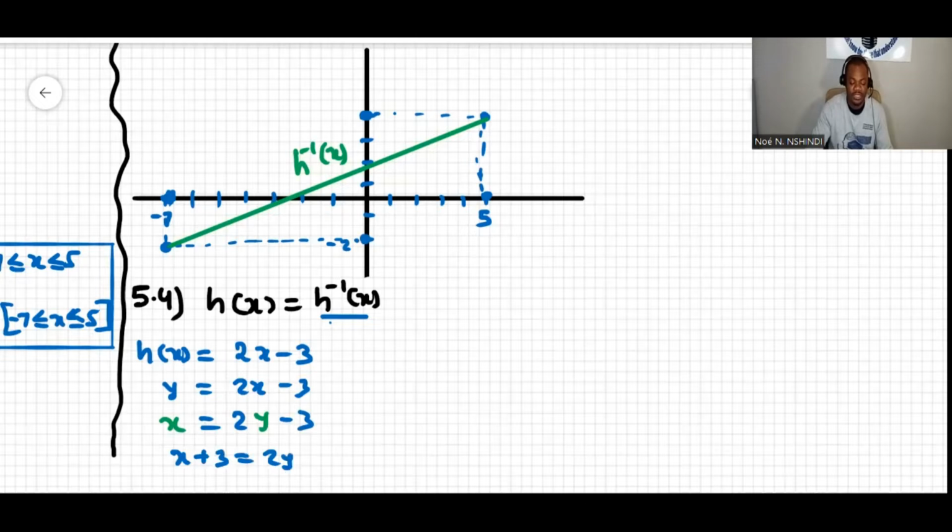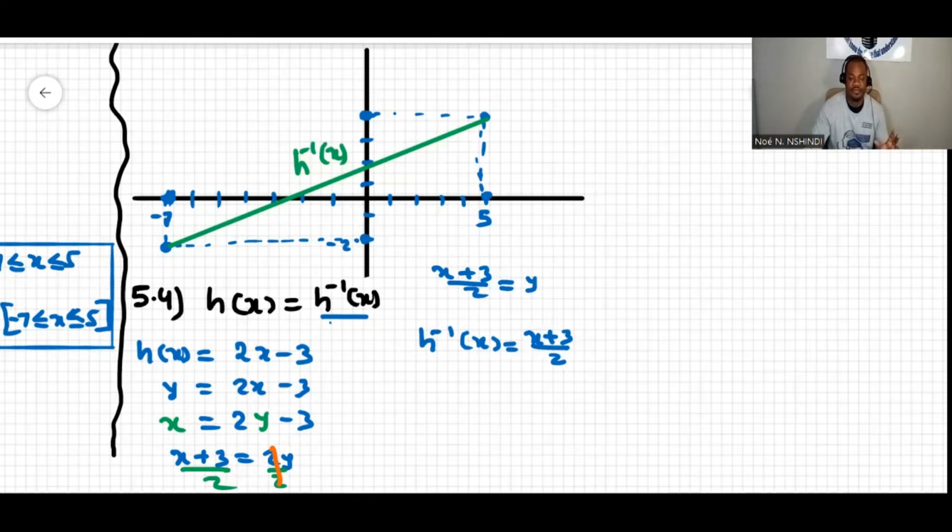So I can divide both sides by 2 to get rid of the coefficient of y, because these two will cancel. And the equation will become x plus 3 over 2 equal to y. This is h minus 1. H minus 1 of x is equal to x plus 3 over 2.